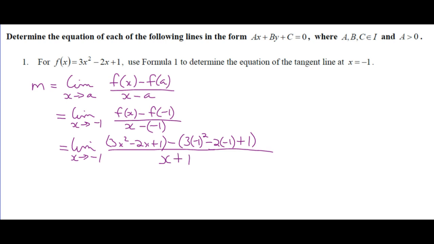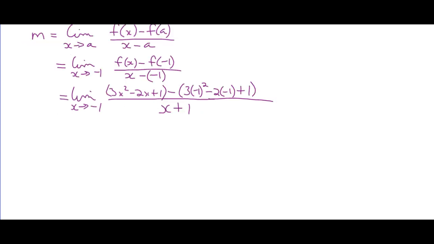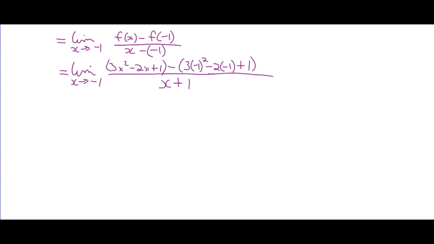All right, so if we play with this, maybe it will be nice and we can get rid of that x plus 1 on the bottom, right? Because we can't take x to -1, we'd be dividing by 0. But who knows? Let's see what's going to happen here. Equals. So we're not yet at the point where we can replace the x with a -1, right? We do that, we get a 0 on the bottom, we can't do that.